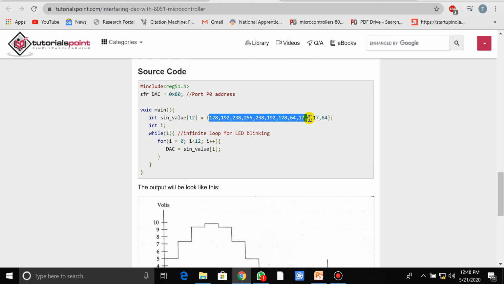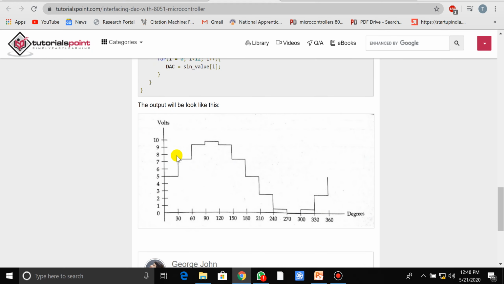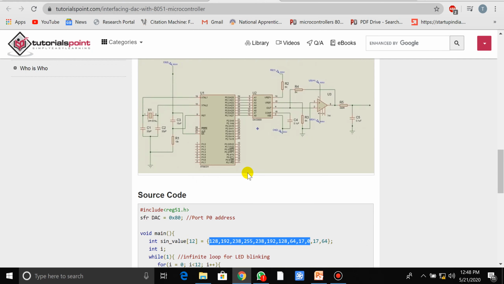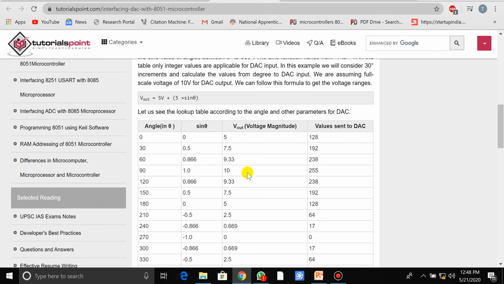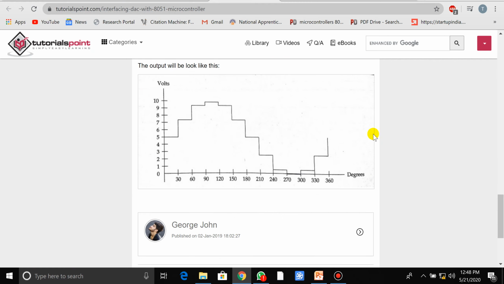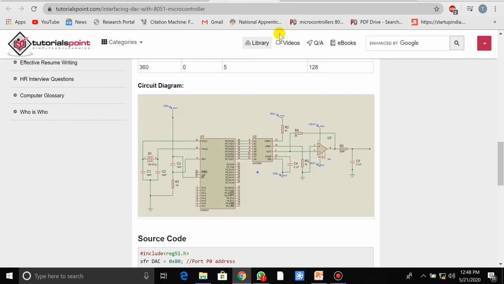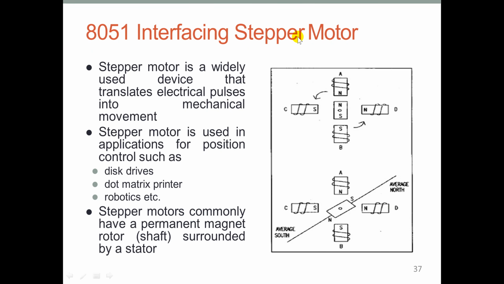As I gave above, see here the values are kept as an array to construct the sine wave. Since it's a digital to analog converter, we need to give digital data, and it will be converted into analog form. So we'll get a smooth sine wave curve.